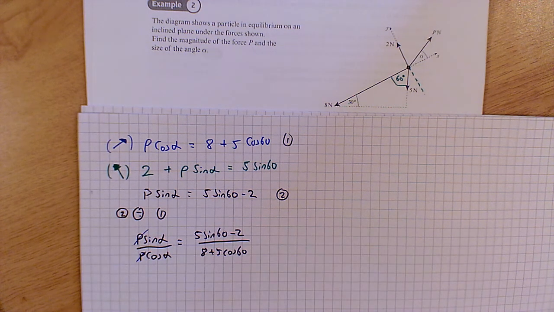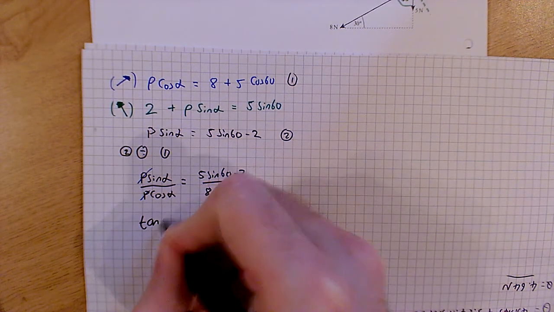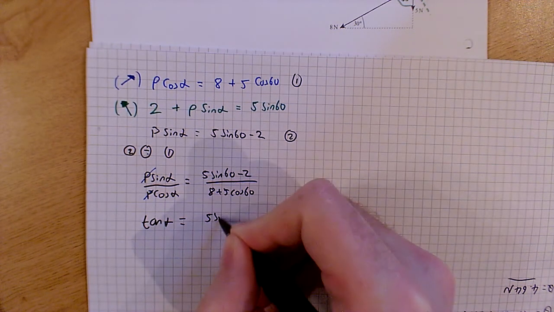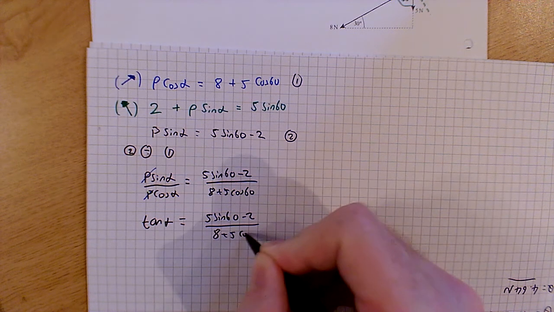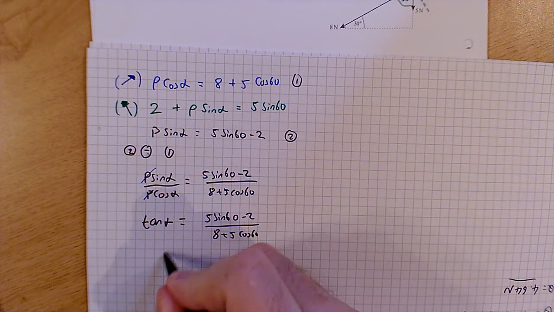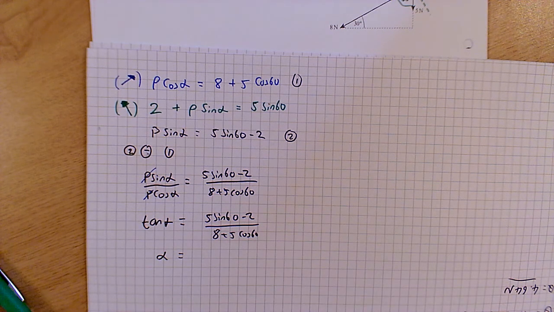And the sine alpha over cos alpha, hopefully you are aware by this stage that that is tan alpha. So we've got tan alpha equals 5 sine 60 minus 2 over 8 plus 5 cos 60. So I'm going to work out what all of that is, and then I'm going to do tan inverse of it to find out alpha.